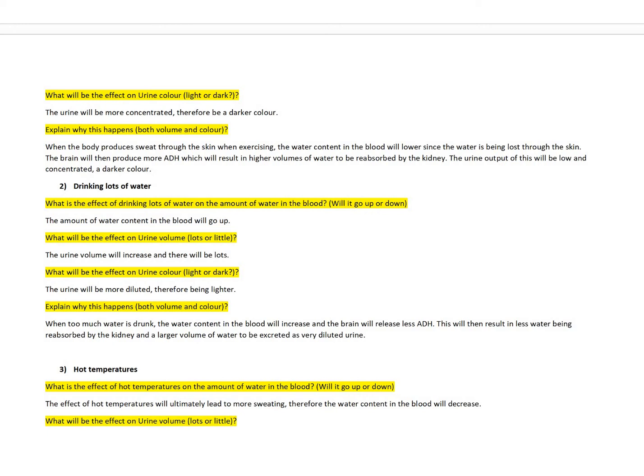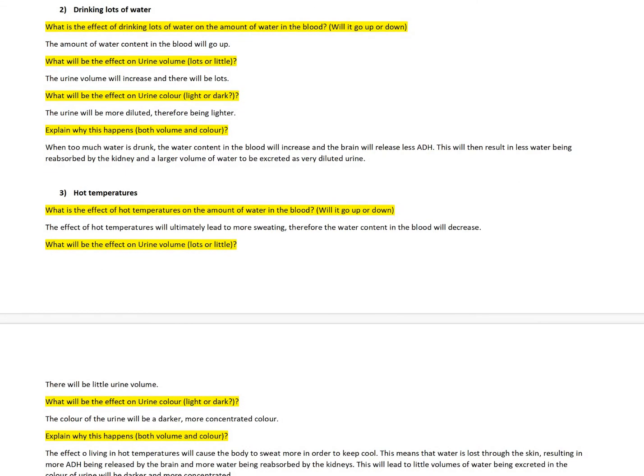Okay, second question. Okay, let's drink lots of water. Let's just smash out some water. And remember, in physical activity, people who are exercising heavily or involved in intense physical activity are most likely to overhydrate. The reason being it's harder to maintain a stable internal environment during extreme physical exercise.